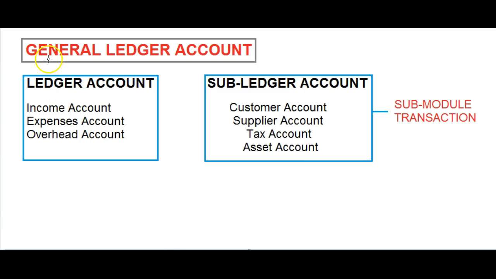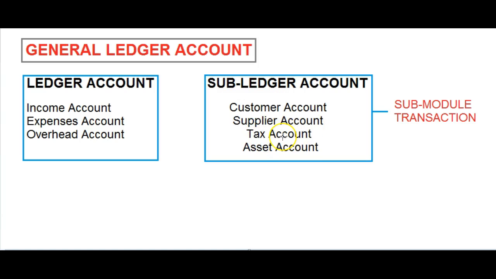All our general ledger accounts are divided into the normal general ledger accounts, like income account, expense account, overhead account. These are the normal GL accounts. But certain accounts hold master data information, like customer master data; there could be hundreds of customers, so such a GL account will be a subledger account. Same way, a supplier account will hold many different suppliers.